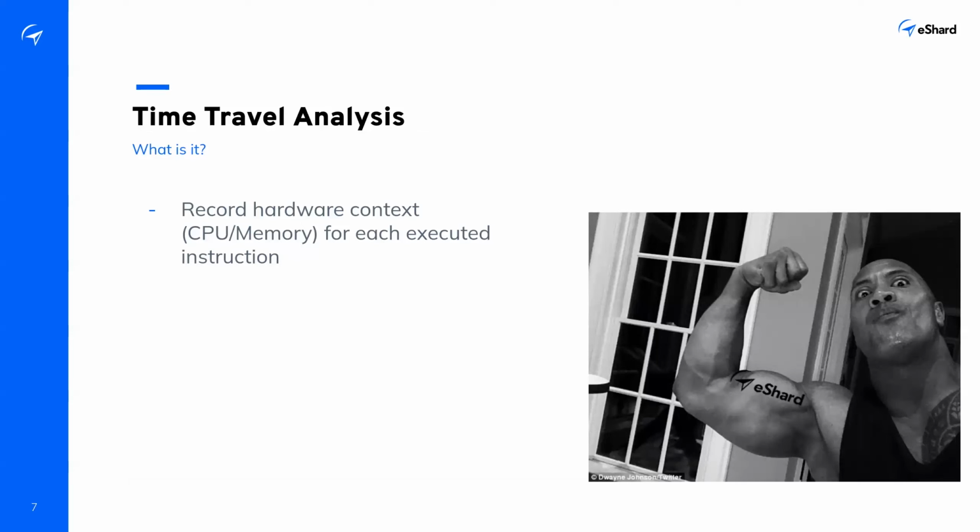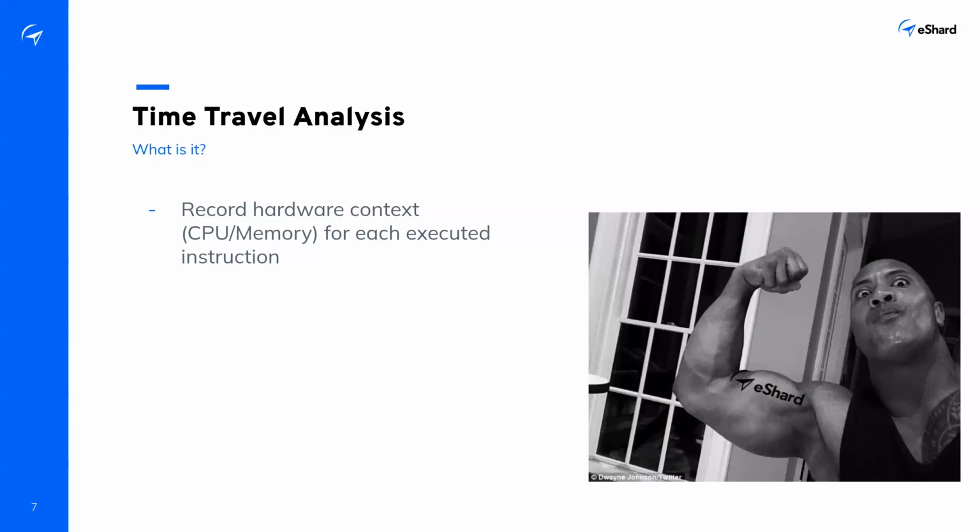First and foremost, for those who are not familiar with time travel analysis, let's give a quick recap. What is time travel analysis, time travel debugging? For those who may know our cousins on Windows, the idea is you record the entire emulation of either a system or a binary, and you record the hardware context.